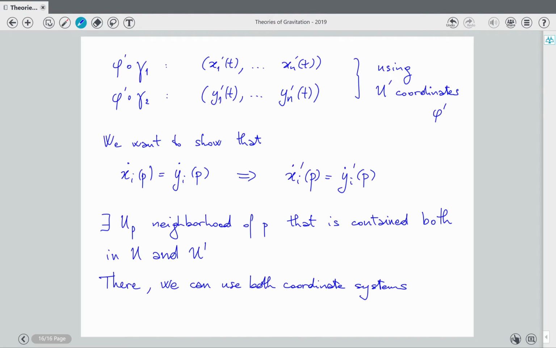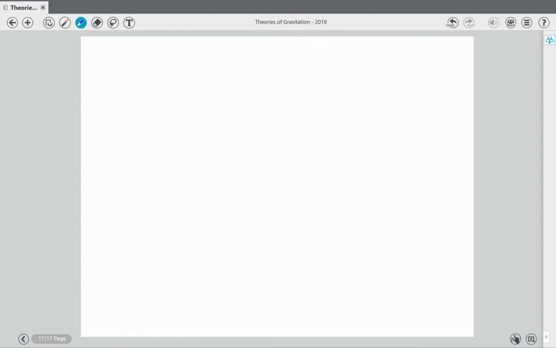And in particular, what can we do? Let's consider the first curve in the second coordinates, phi prime composed with gamma 1. That we can write also as phi prime composed with phi to the minus 1 composed with phi composed with gamma 1.